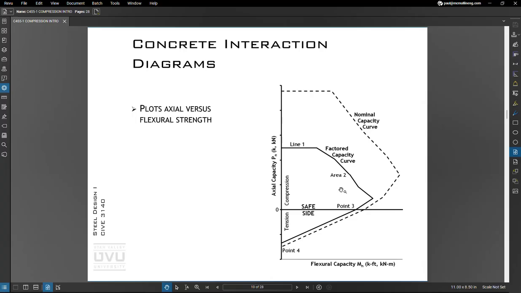In concrete columns, if we get the moment and axial load, we plot that on this chart, with moment along the bottom and axial force along the vertical. We just plot those intersections. If the plot of that intersection falls within this curve, then we know we're safe. If it falls outside of the curve, then we're not safe.